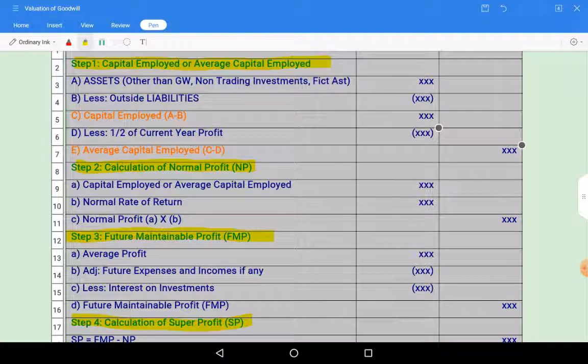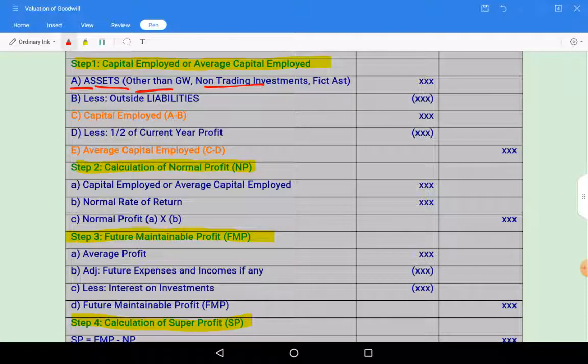How will we calculate capital employed? We need to take A for assets. Assets other than goodwill, non-trading investments and fictitious assets. We need to take all assets.